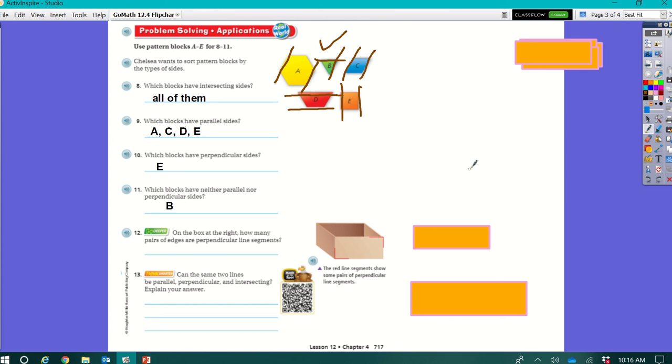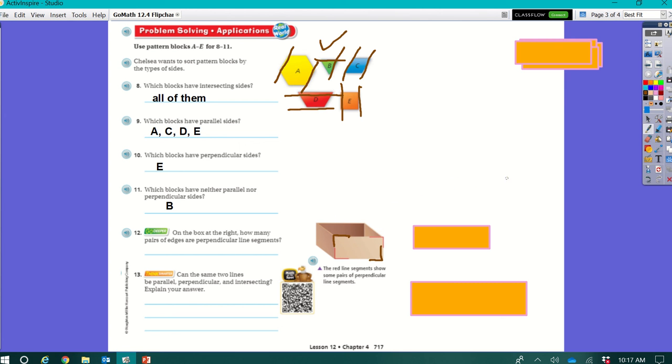So I found how many perpendicular line segments were on one side. So they gave me 2, and I know that this one is also 1, and this one is also 1. So I know that there are 4 of them on each side. Well, if this is one side, 2, 3, 4.